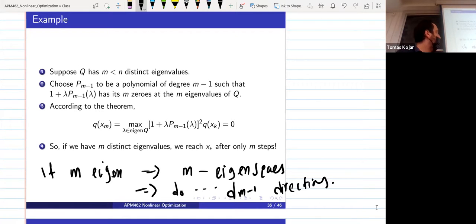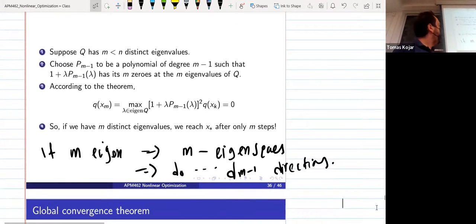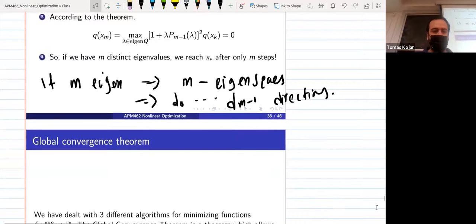So fewer directions, so it's much faster. The worst case is when you have m equal n, because then you have to explore the entire space. All right, questions?